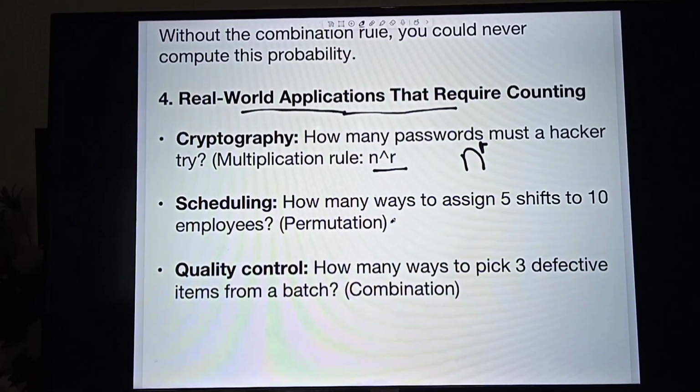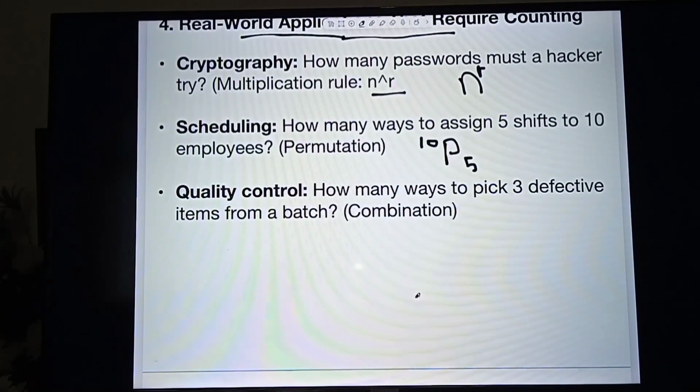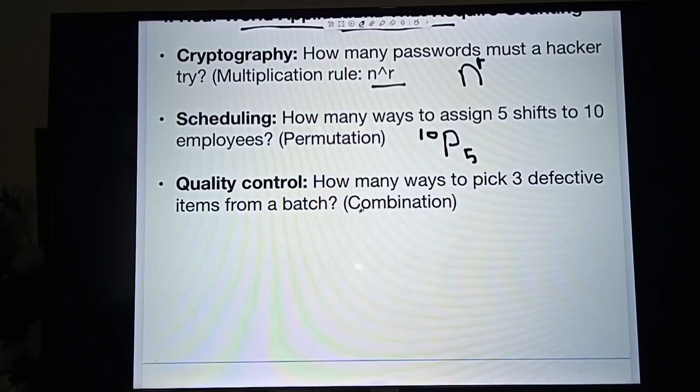For this you can use permutation, that is 10P5, or nPr. Quality control: if the situation is how many ways to pick 3 defective items from a batch, then you can use the combination formula, which is nCr.